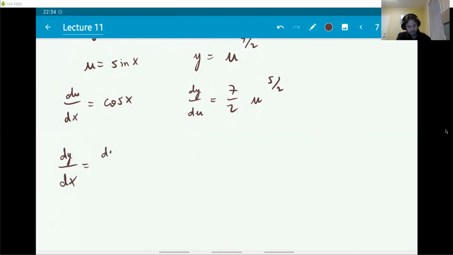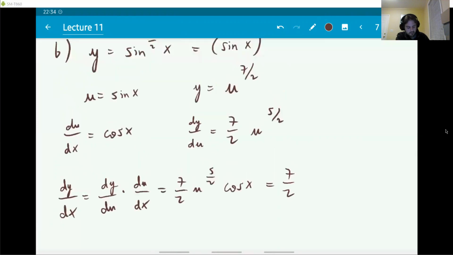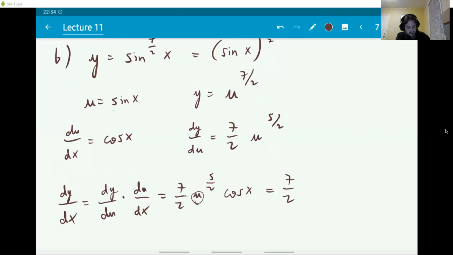dy dx is dy du times du dx. That's chain rule. Well, dy du is 7/2 u to the 5/2. And then du dx is cosine x, where u this time is actually equal to sine x.